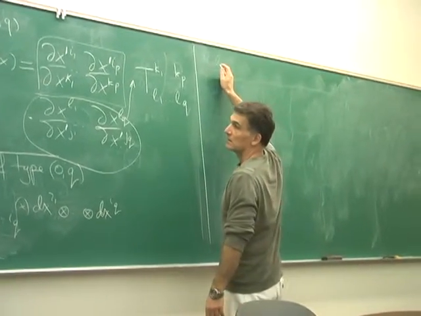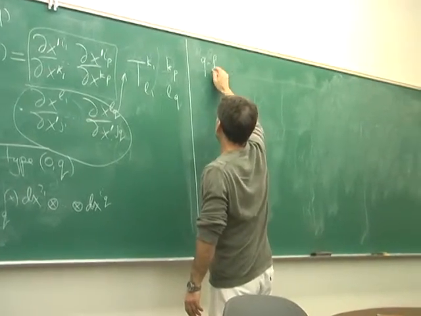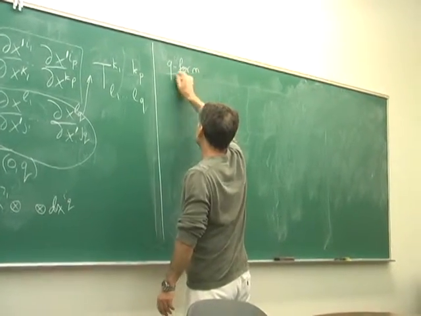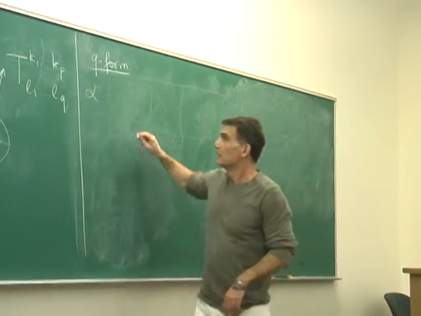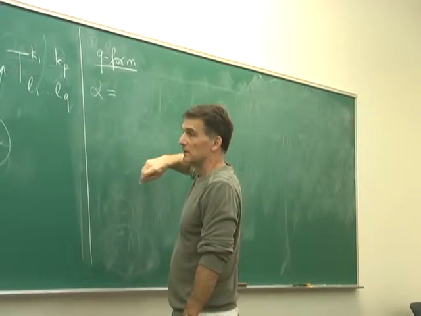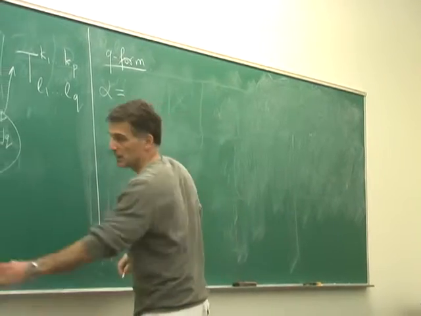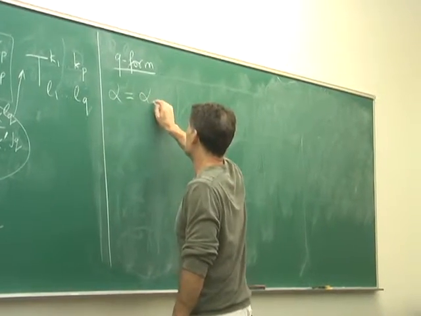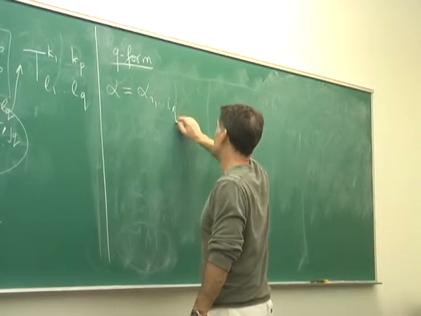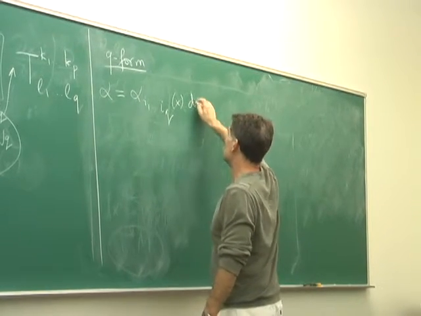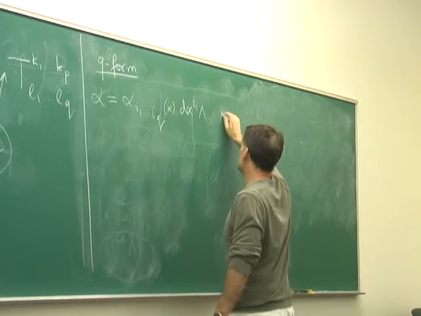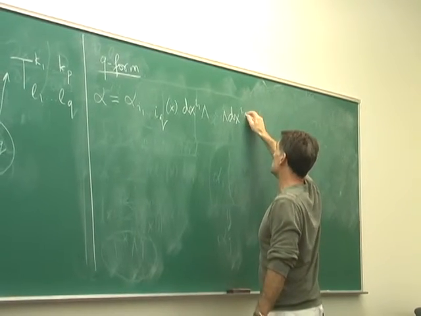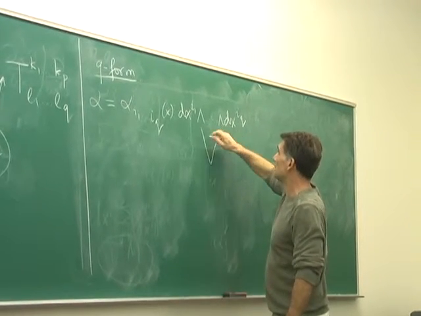So, well, let's call it Q1. Usually they're denoted by Greek letters. So it's something like this. And then we have dx i1. Well, you see that I introduced that.